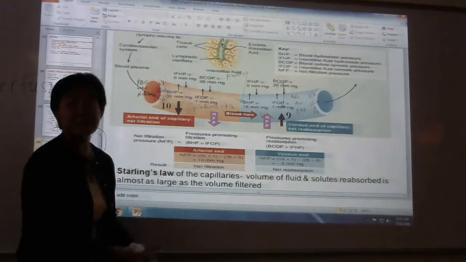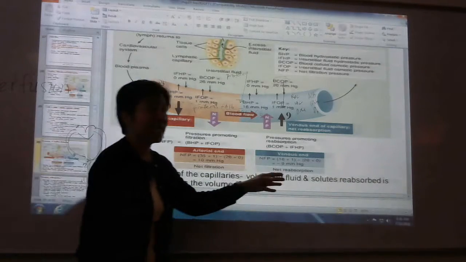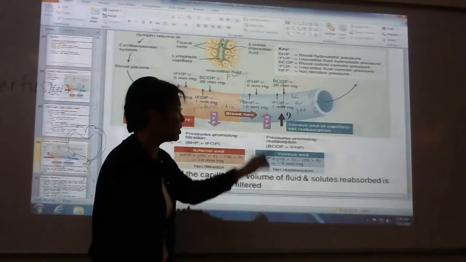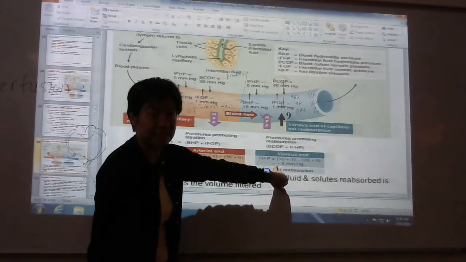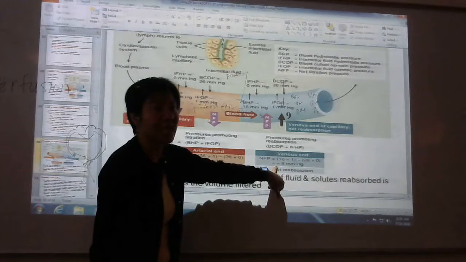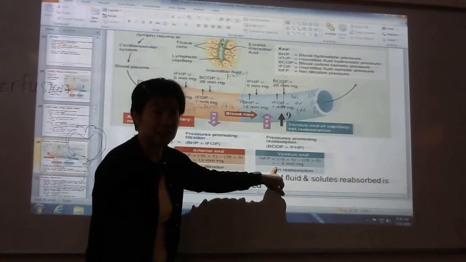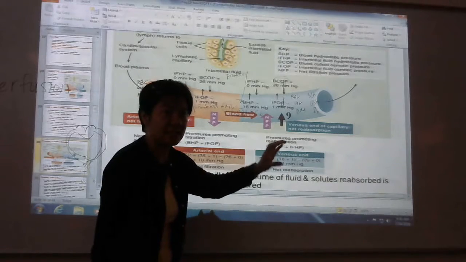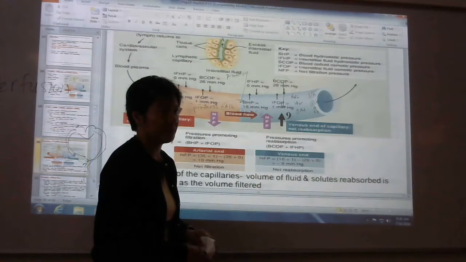In the arterial end, I want to push out. In the venous end, I want to bring it back in. So look at the venous end, the value is negative. So don't forget, you will be asked to compute, and then I will ask you, is this value normal in the arterial end or the venous end? So you will circle one choice.